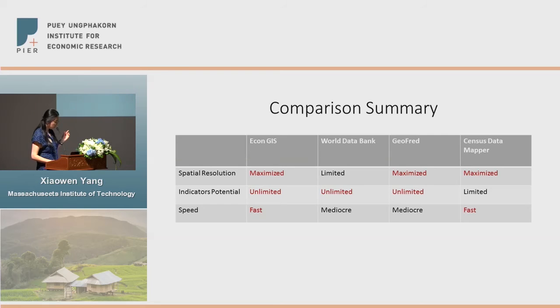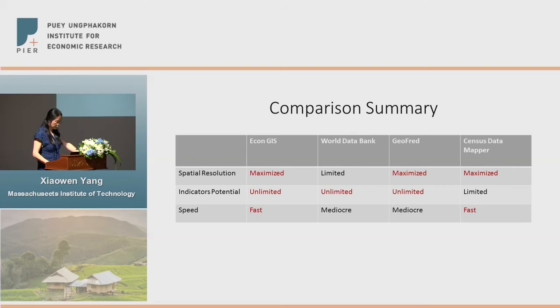So in Thailand, which means the Tambon level, much more units than GeoFRED. And the World Bank provides data at the country level, about 100 countries, so it's not at the same magnitude at all.